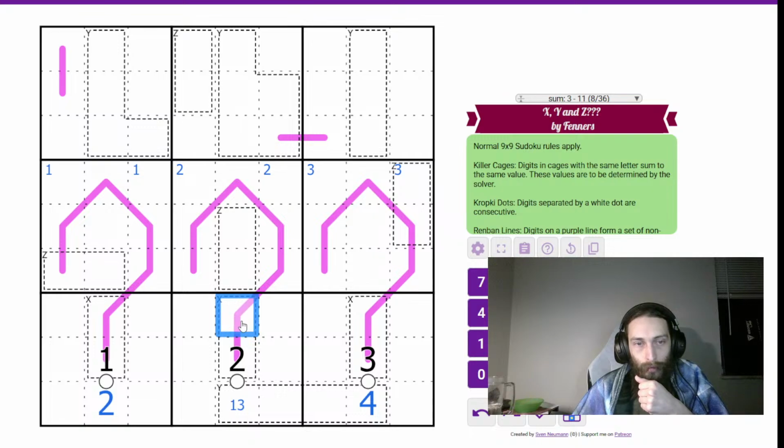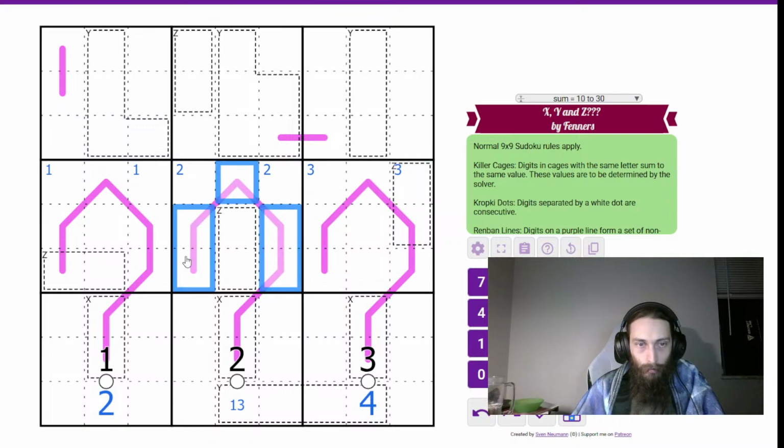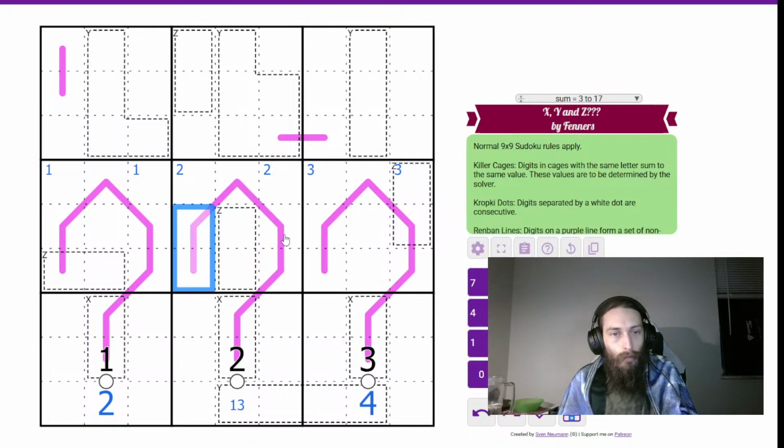Now, if this was a 3, it would be over here. Well, that's not true because of that. It doesn't have to be on the Renban. Although, how could it not be on the Renban? Right, 3 has to be. And if it can't be here, that means it's going to have to be here.